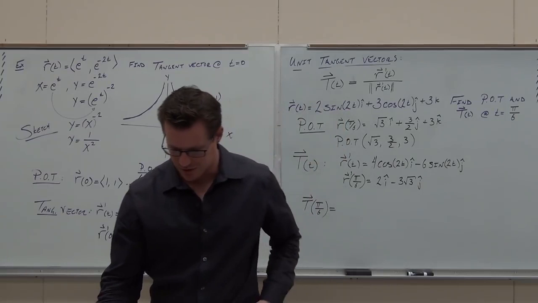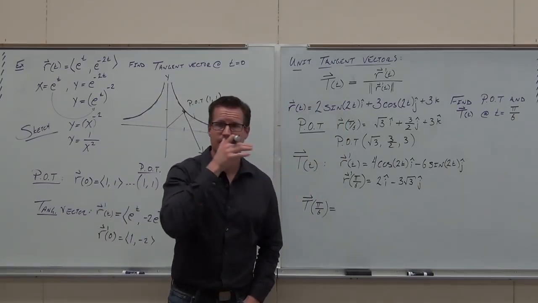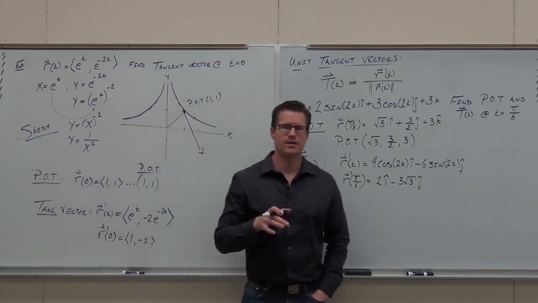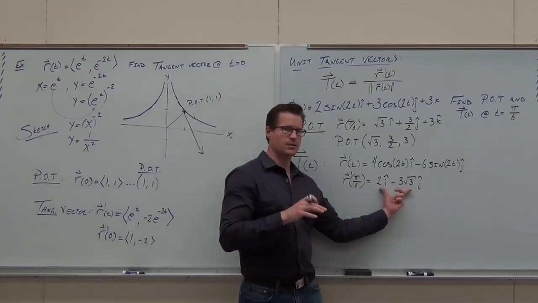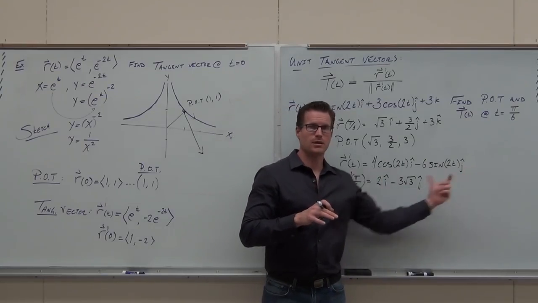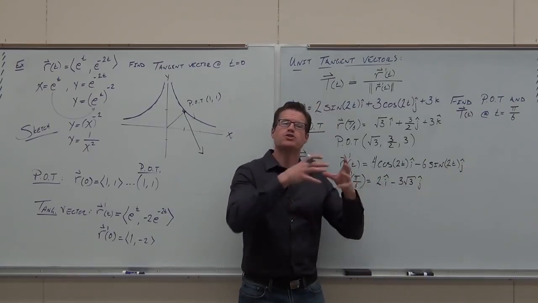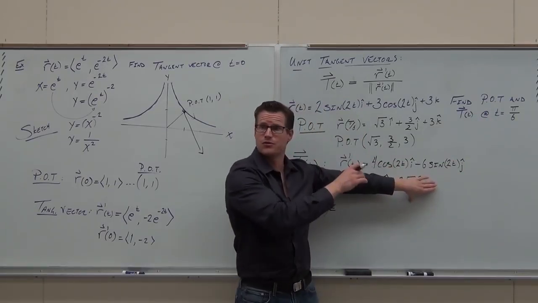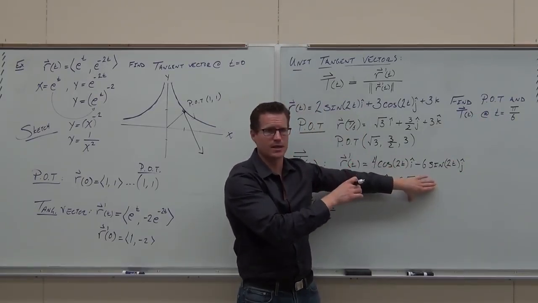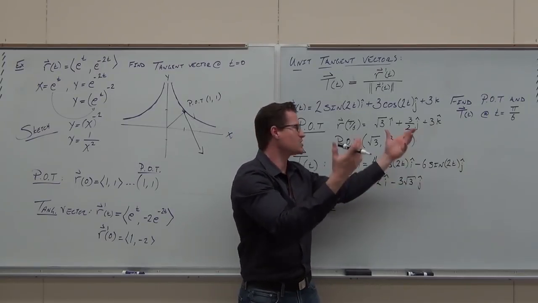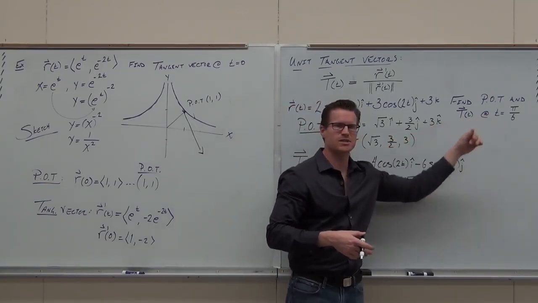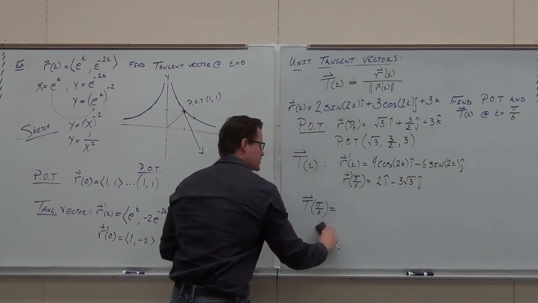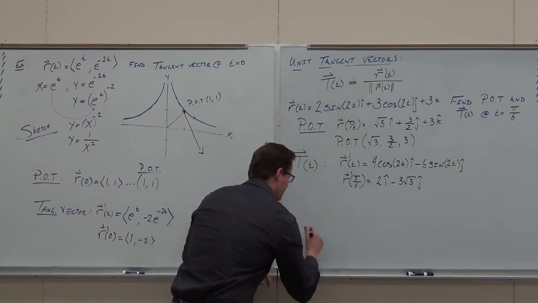I make mistakes sometimes. Did you get the same thing I got? Tell me something. What's easier to find the magnitude of, this guy or this guy? This guy. So if you don't have a specific t, yes, you need to find the magnitude of this like I showed you first. That would be how you find the unit tangent. If I say, just find the unit tangent at a specific value, plug it in first, and then find the magnitude.